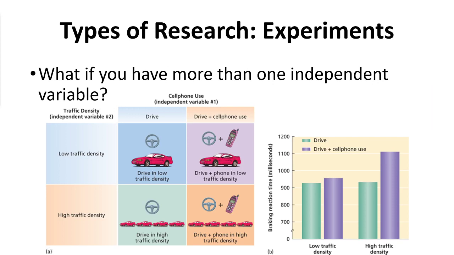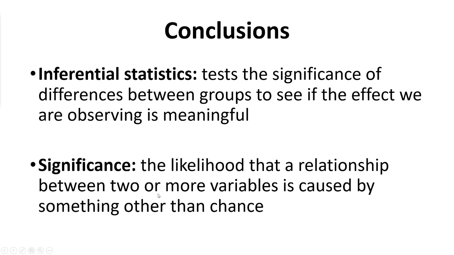That it's not just some fluke, some random accident or random happenstance that led to the difference between these two bars. So significance is telling us how sure we are that this difference is because of the manipulations that we did in the experiment and not due to chance.